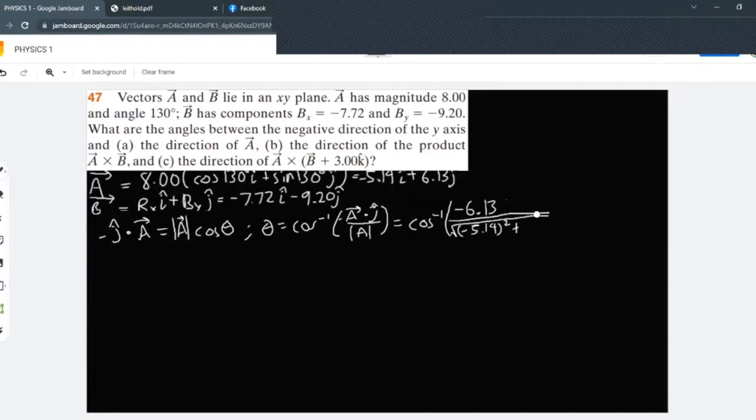Yung magnitude ng A. So, actually po, yung negative y, 270 degrees po yun eh.